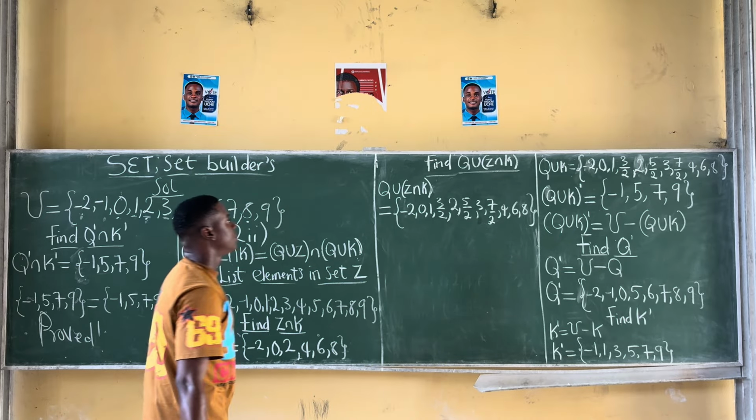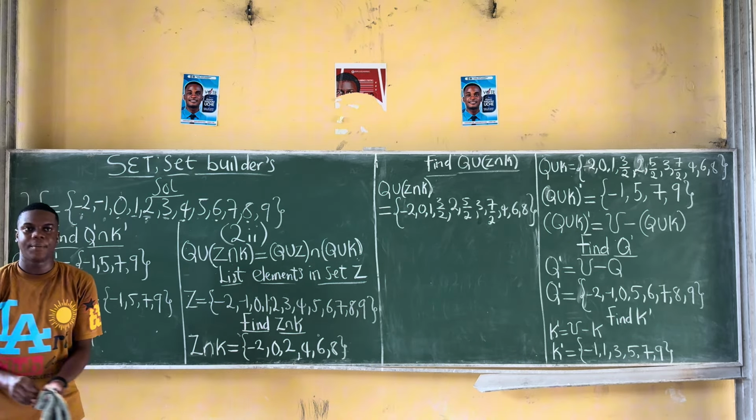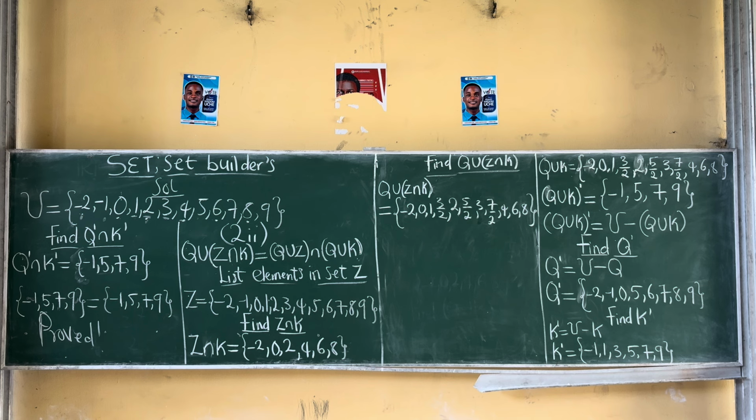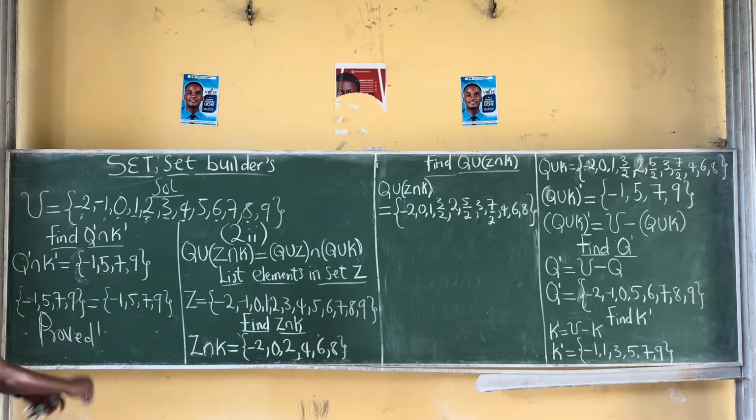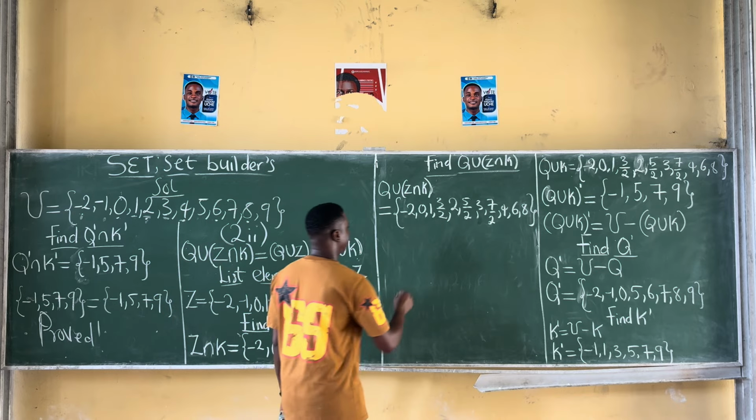So that is Q union Z intersection K. Alright, we have done Q union Z intersection K. The next task is Q union Z intersection Q union K.